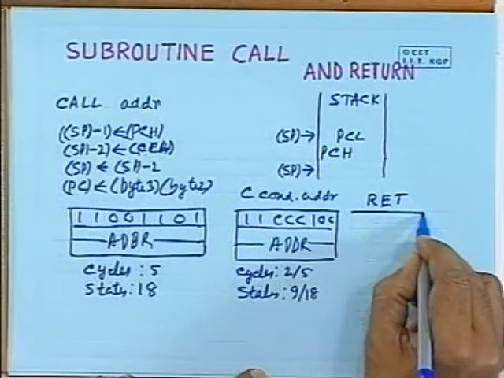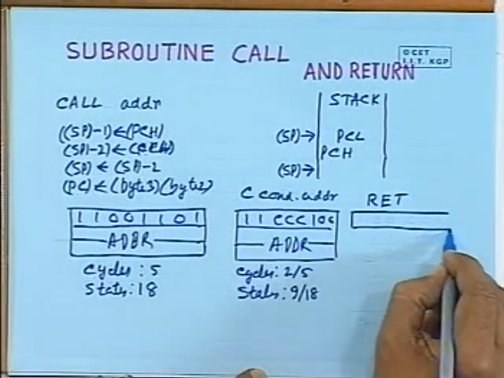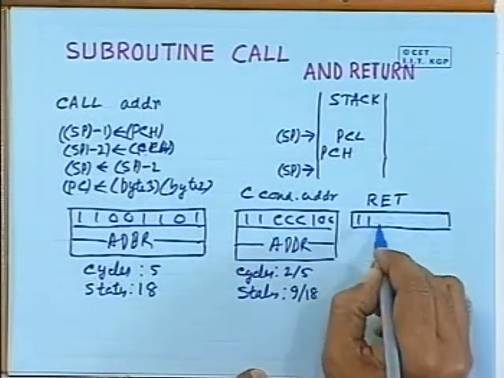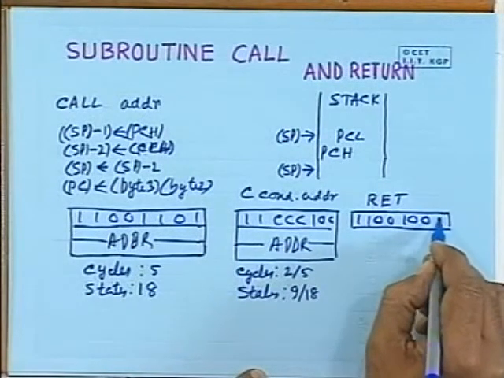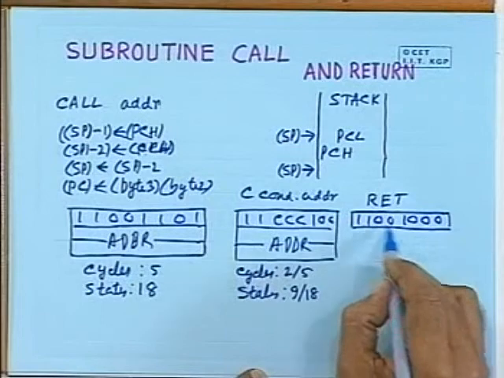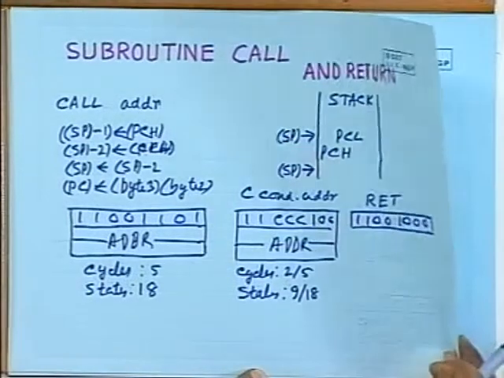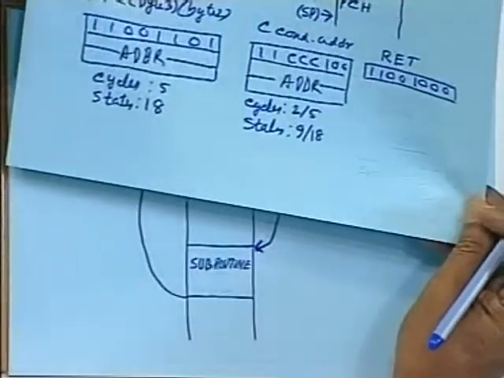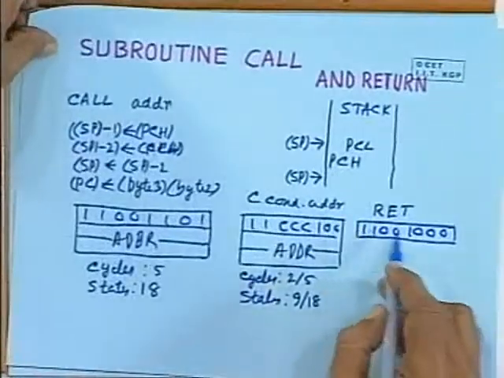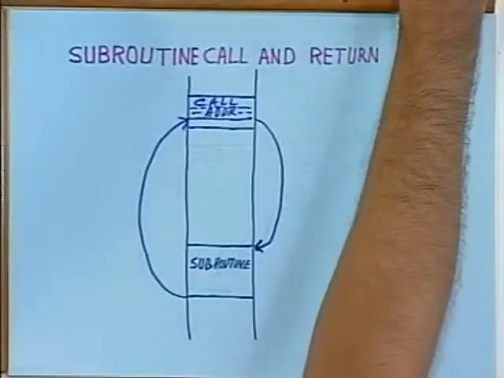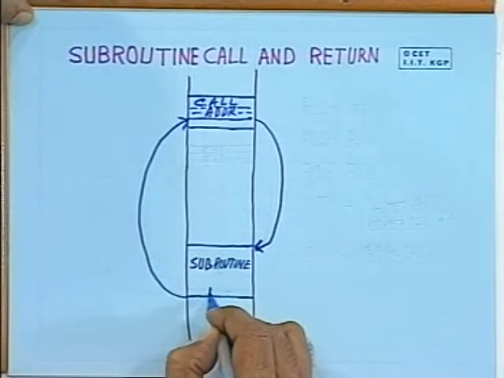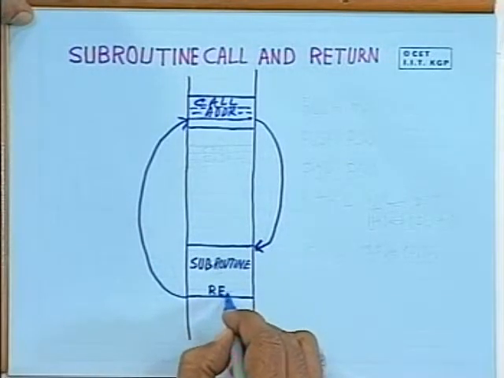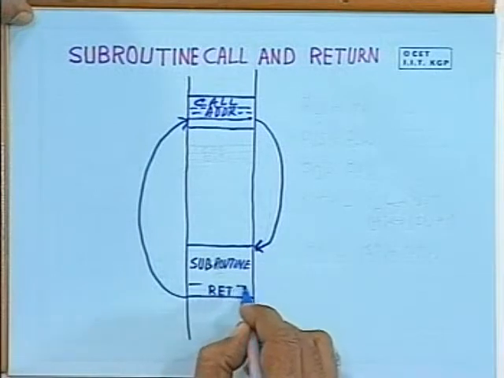The return instruction is a short one. The code is 1 1 0 0 1 0 0 0. What does it do? Whenever this return instruction is executed, at the end of each subroutine you must have a return instruction.